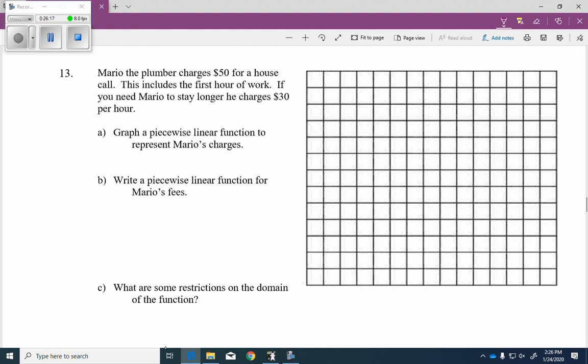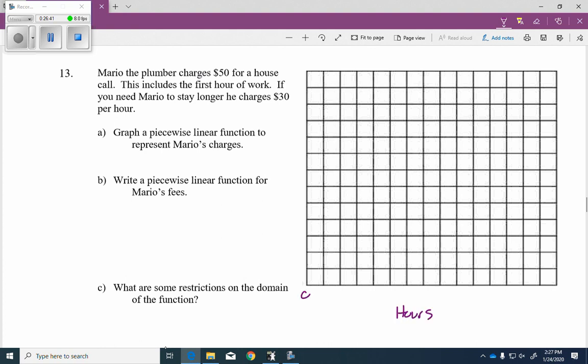And I guess that's the part that there's a bit of, I don't know, debate over what they are talking about. Is it a step function or is it gradually increasing? I'm going to do it as a gradual increase just because I am. So I'm going to label my x-axis with the number of hours.